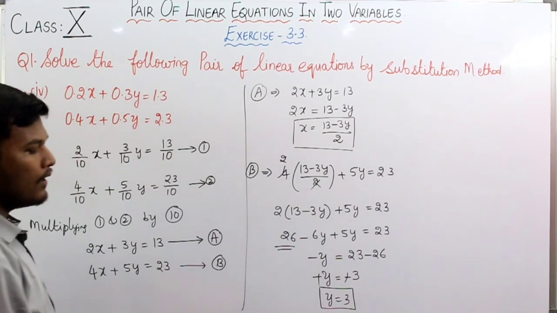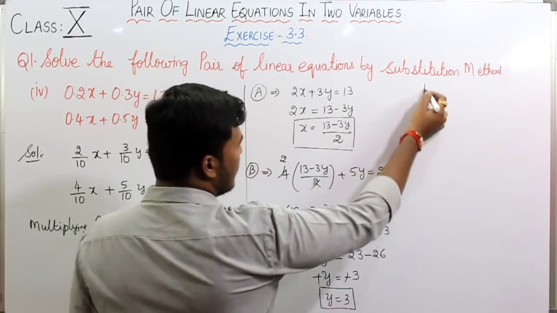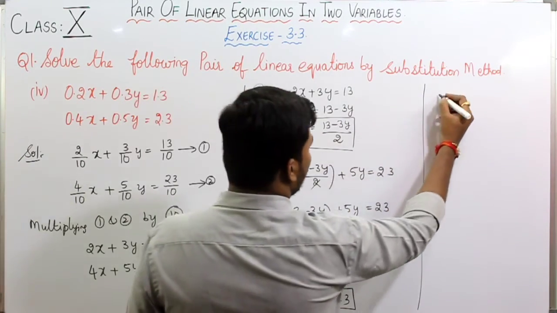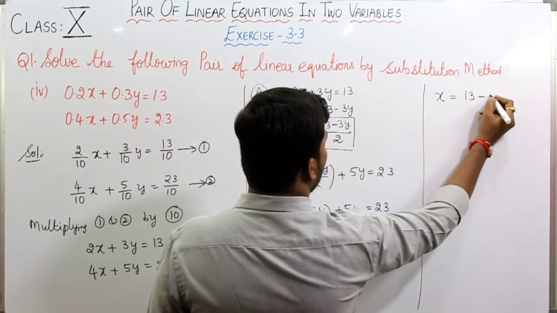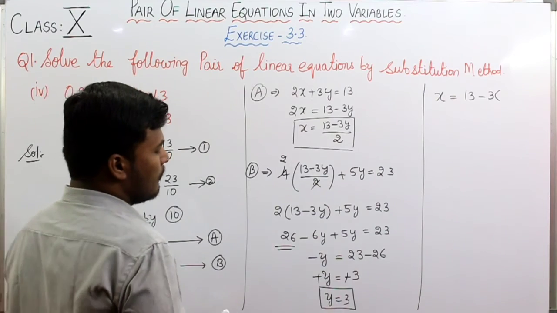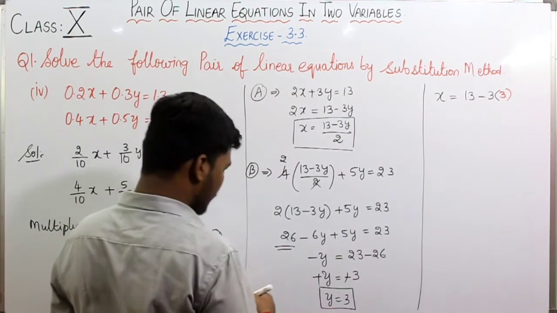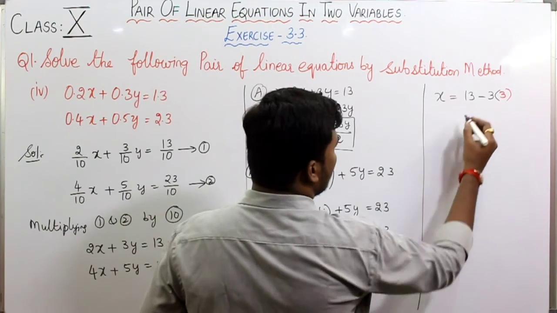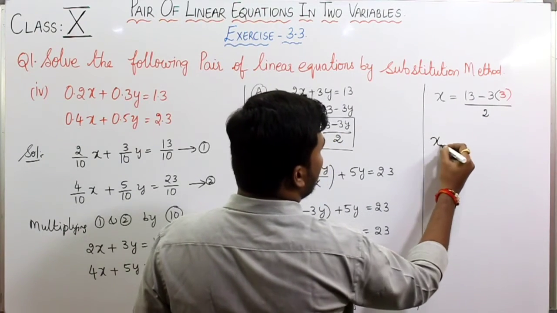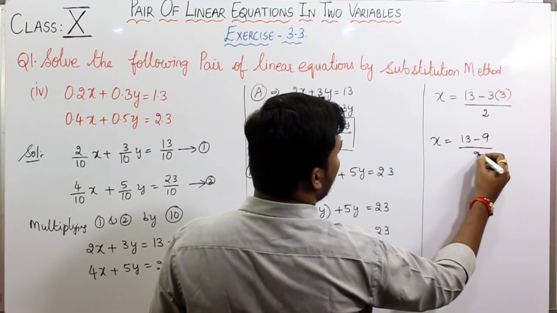So now I got the y value as 3. Now let us find out x by substituting this in the place of y. x is equal to (13 minus 3 into 3) by 2, replacing y with 3. Then x is equal to (13 minus 3 threes is 9) by 2.